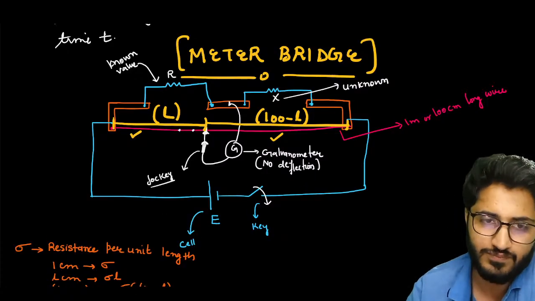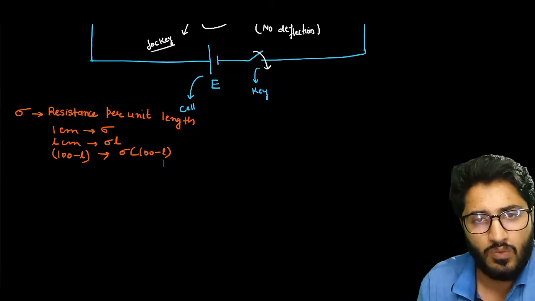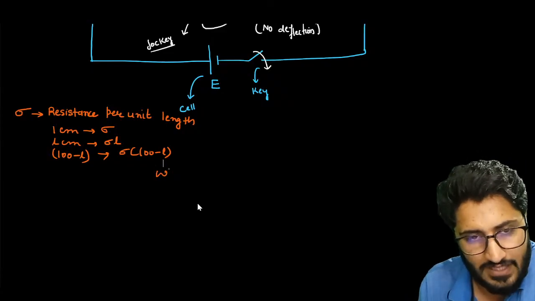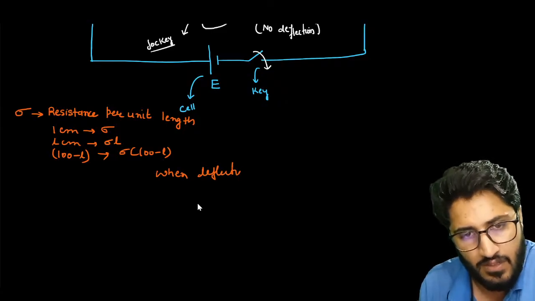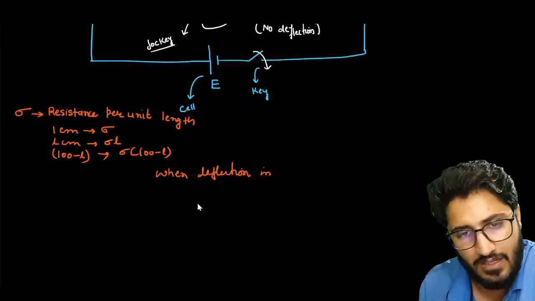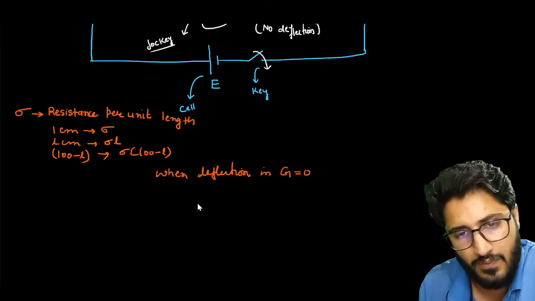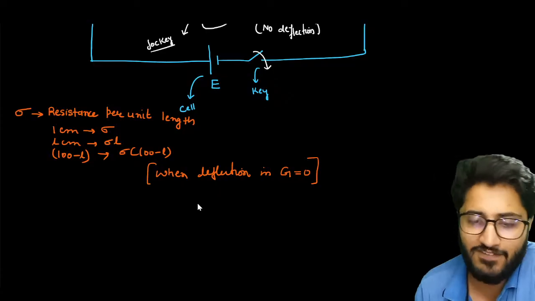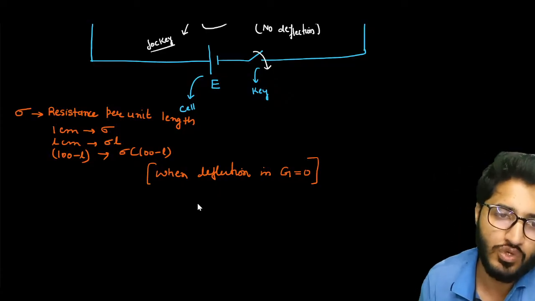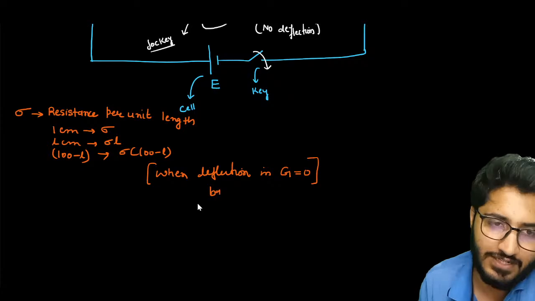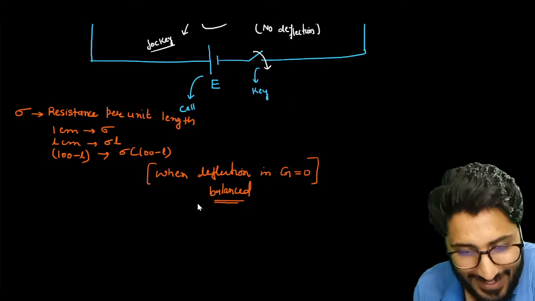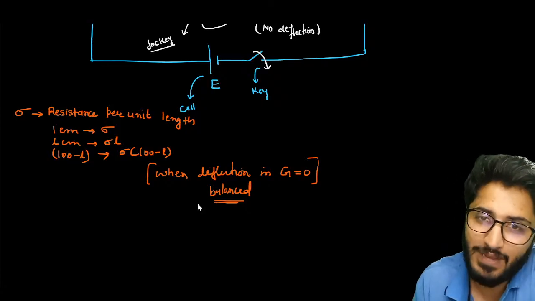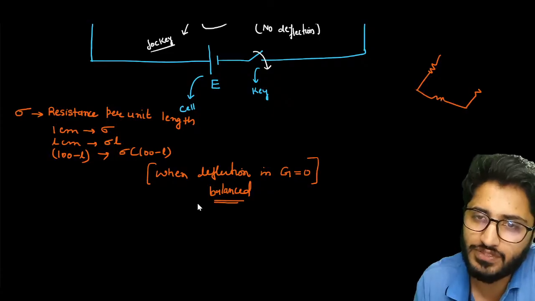This part we know. Now, when the deflection in the galvanometer is zero, you will write that it is the balanced condition. If it is balanced, we can recall the Wheatstone bridge.